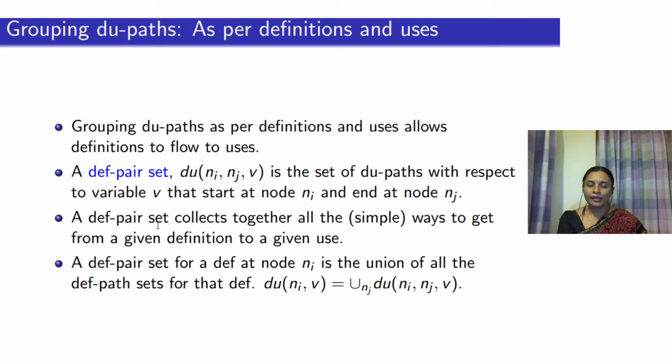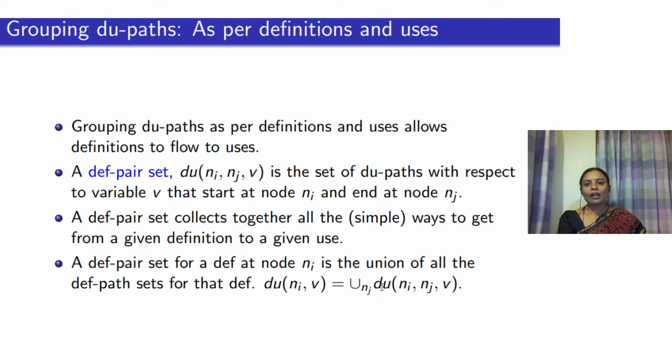A def pair set basically collects together all the ways to get from the definition of a particular variable v to a given use of the same variable at a particular node nj. The def path set for a definition at node ni is nothing but the union of all the def pair sets for that definition, as they come in different places for different uses that vary over nj.